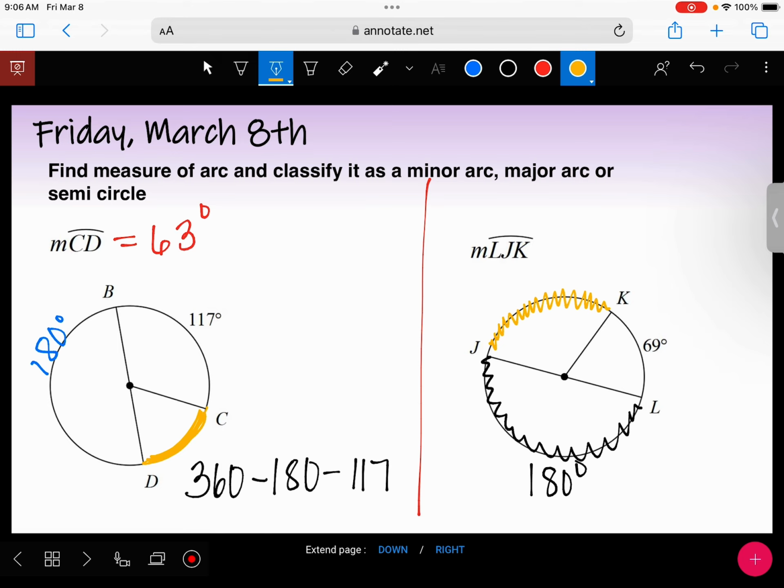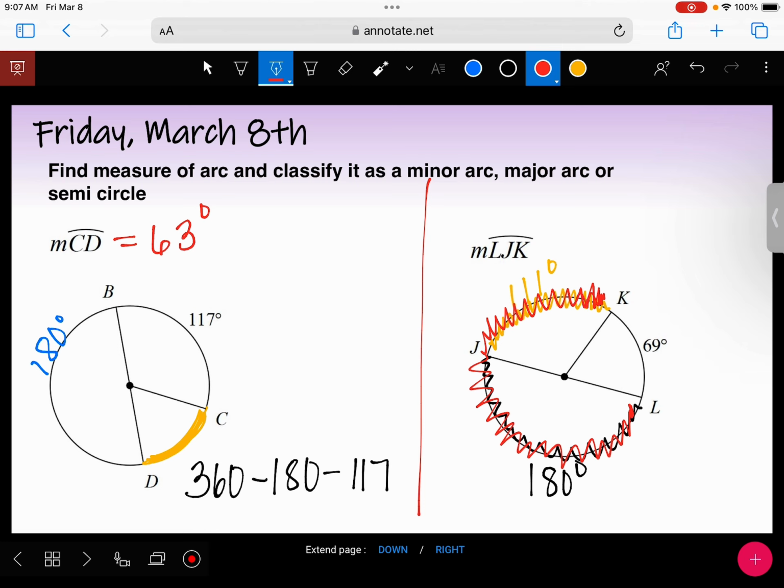Okay, so what do you get for arc JK? You got 111. Who got 111? Raise your hand if you got 111. Okay, so we have to be really careful, though, because this question is asking us for the measurement of arc LJK.